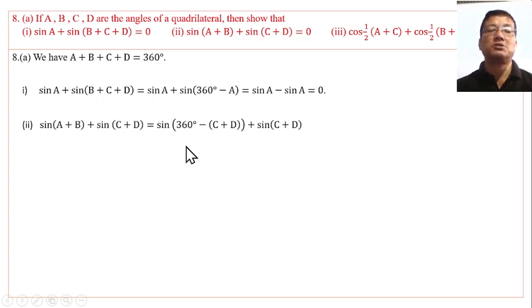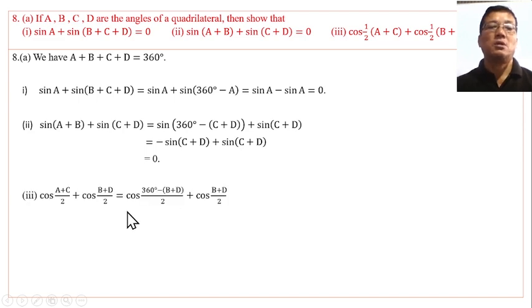A plus B is 360 minus C plus D, sine of minus sine of C plus D, and the cos also comes to 0, hence proved.